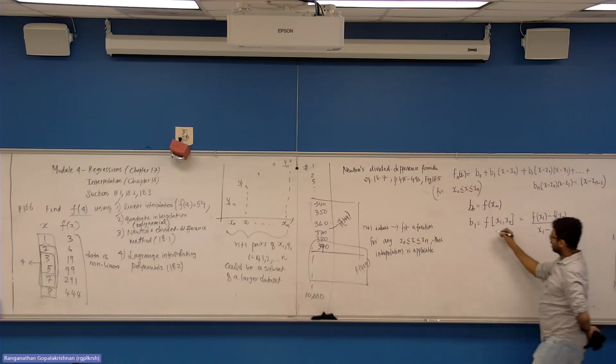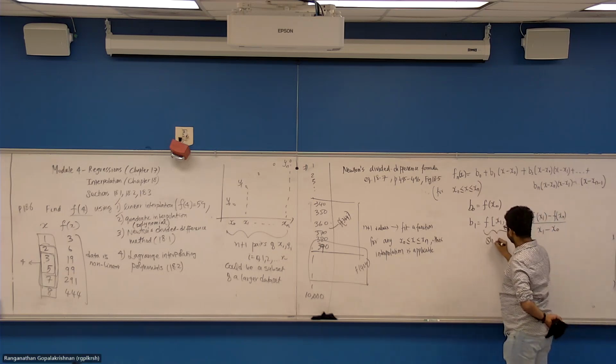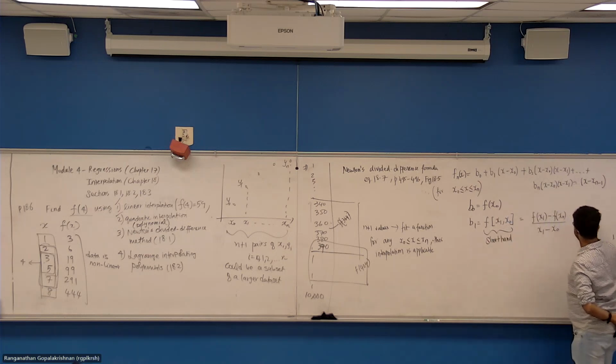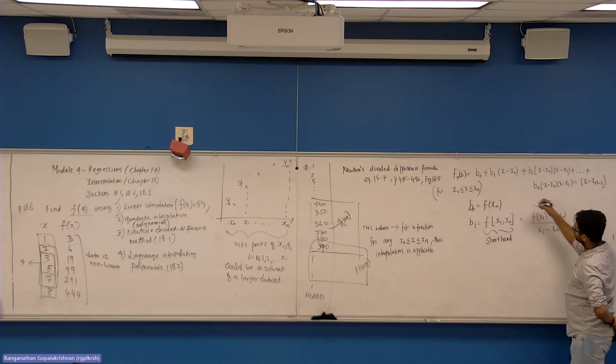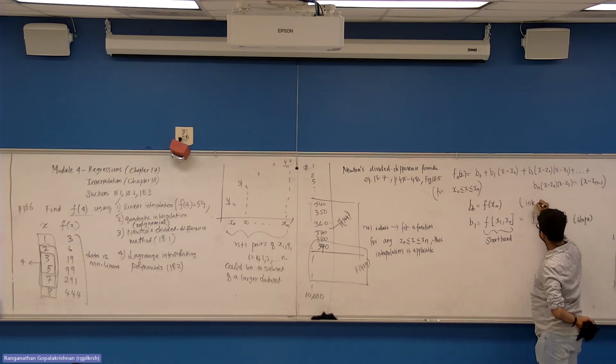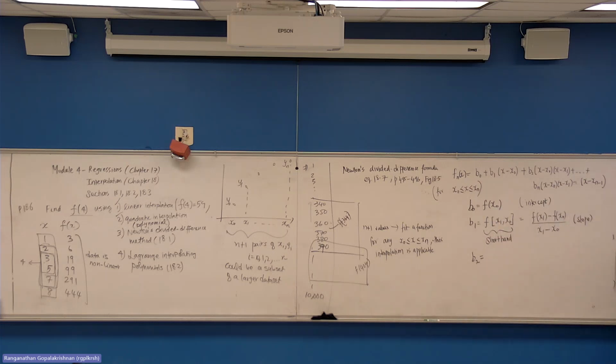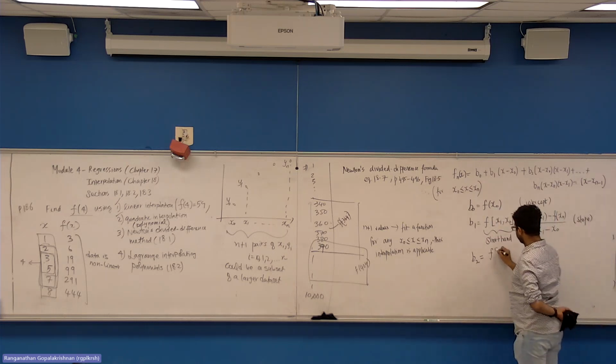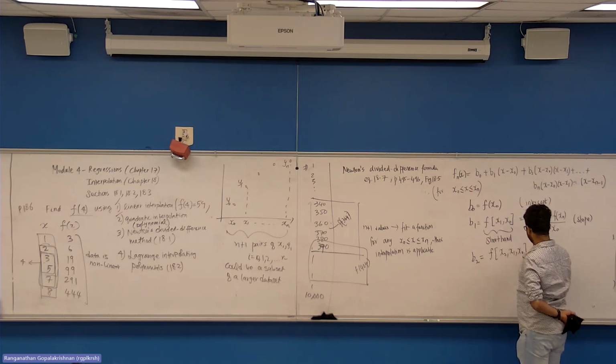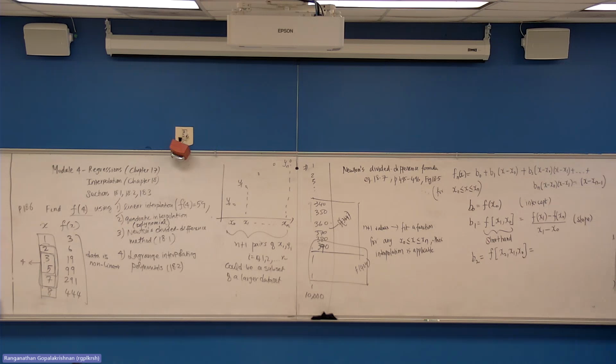This is a shorthand, like a symbol for the slope. So b naught is like an intercept, b1 is like a slope, and you guessed it, b2 is going to be curvature, which we will write as f of square bracket x2 x1 x naught, which is the difference in slopes.